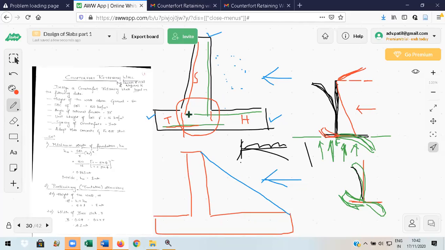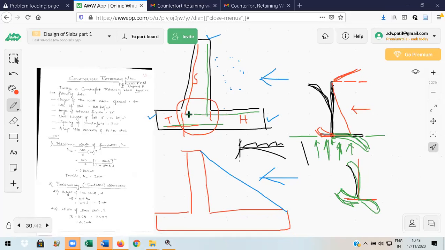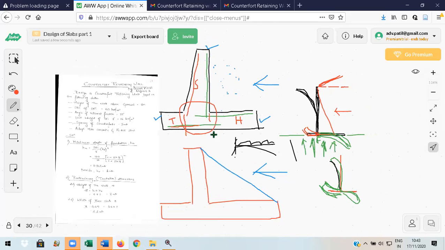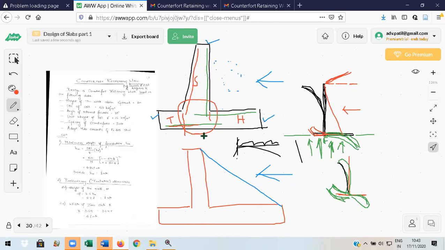If they do not overlap, it becomes simply supported and the entire design will fail. So how you position the reinforcement is very important. How do you make the junction fixed? The only solution is to overlap the main reinforcements of toe, heel, and stem. So this is what you need to understand.